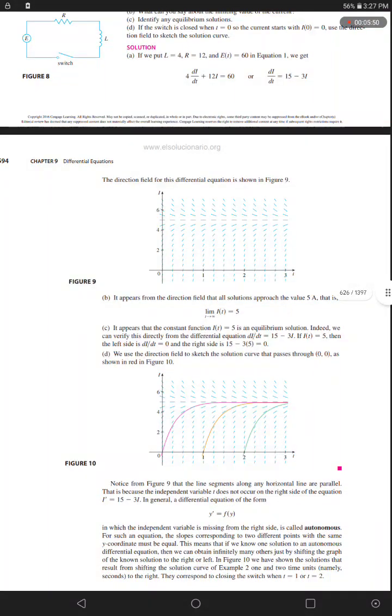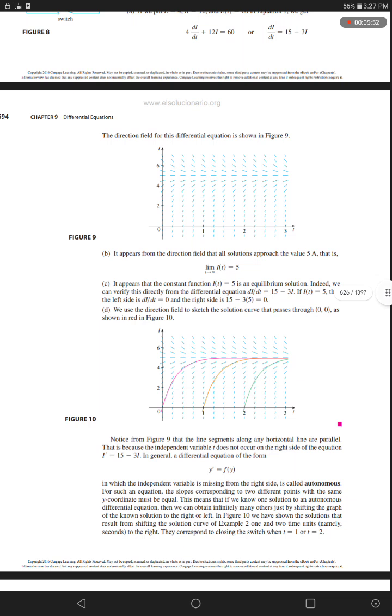Part B. It appears from the direction field that all solutions approach the value 5 A, that is, the limit as t approaches infinity of I(t) equals 5. Part C. It appears that the constant function I(t) equals 5 is an equilibrium solution.